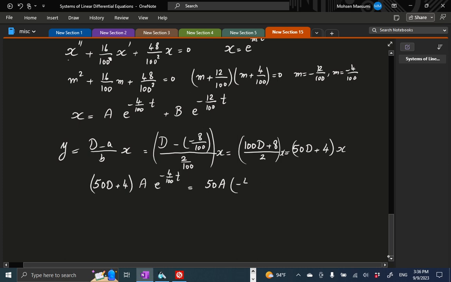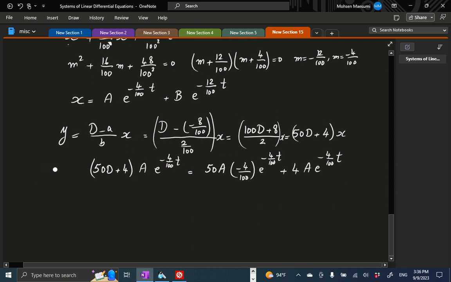The exponent comes down times exponential of minus 4 over 100t. How about 4? Well, that's just ordinary multiplication of a number: 4A exponential of minus 4 over 100t. So really, it's just learning to play this game with the letter D, D meaning differentiation.